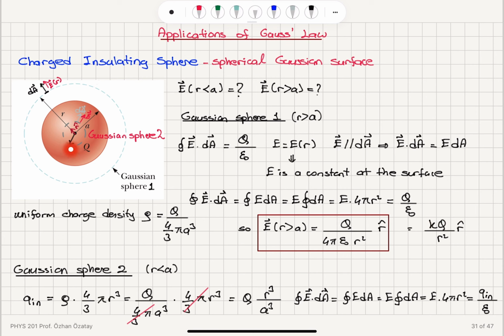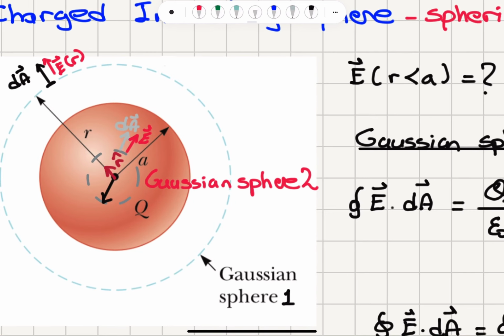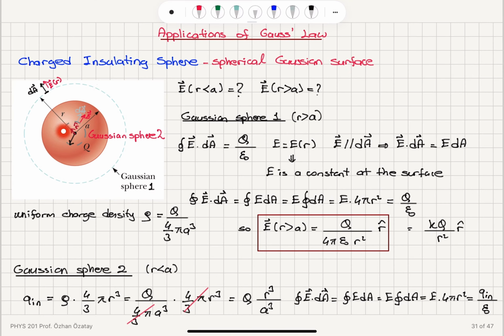For r less than a, Gaussian sphere 2, we have a sphere which has a radius less than a. In this case, the charge enclosed by this sphere is the charge density rho, charge per volume, multiplied by the volume of this sphere, 4/3 pi r cubed, which gives us Q r cubed over a cubed. The left hand side is the same.